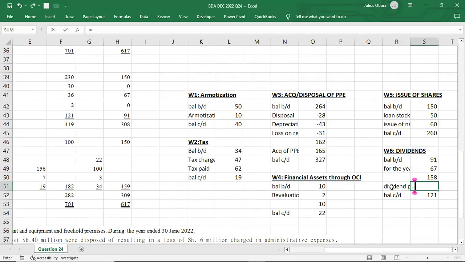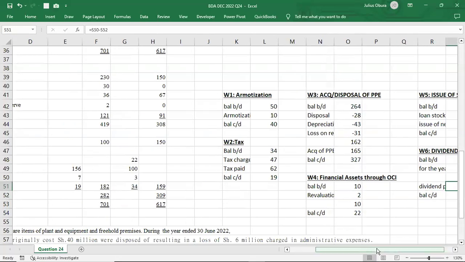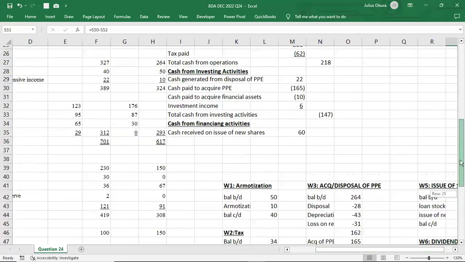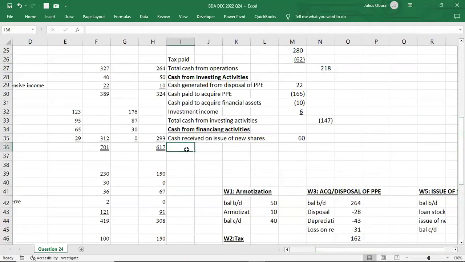So our dividend paid will be 158 minus 121. That is 37. That is dividends paid.